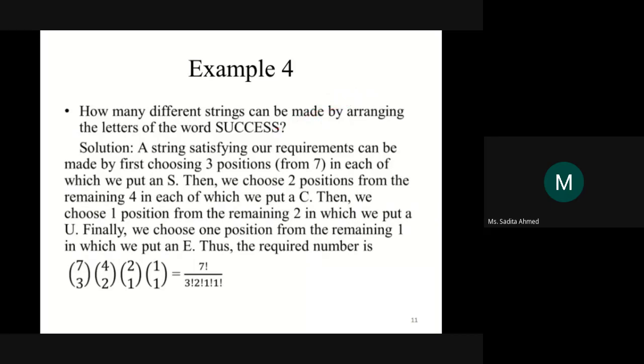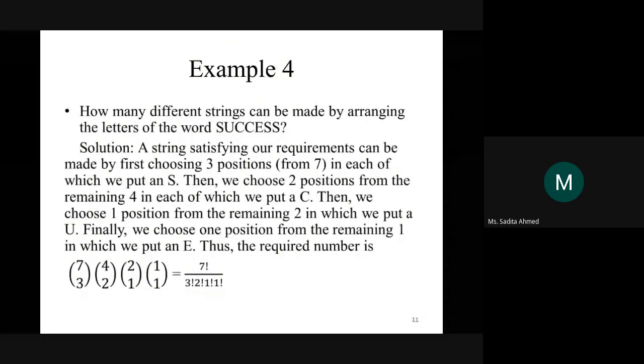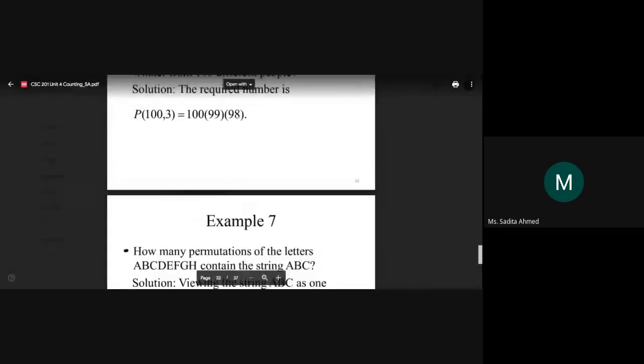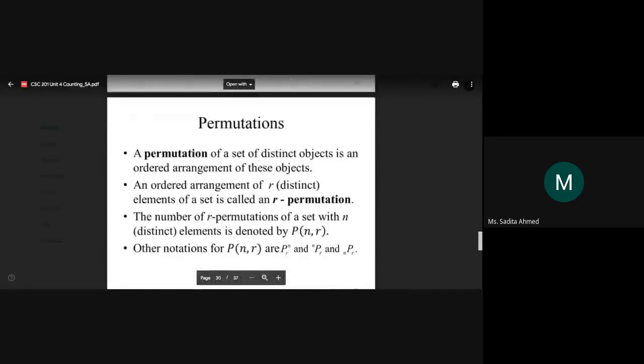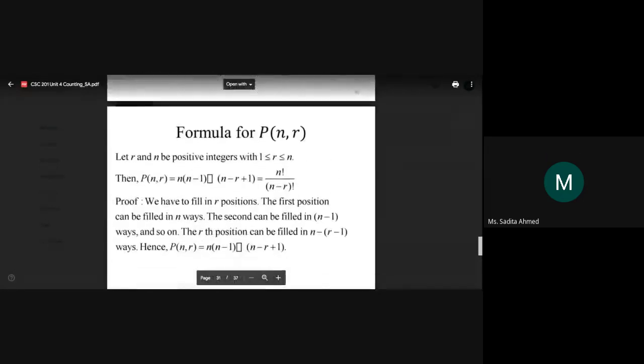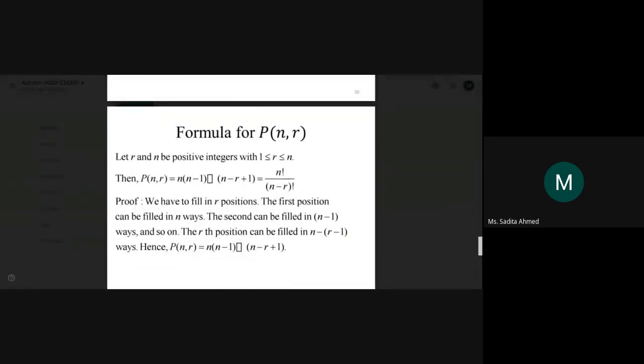So will we use the same method that we had here for permutation? Will we use nPr for this problem as well? Remember what the problem is: counting all the different strings that you can form using the letters of the word success.